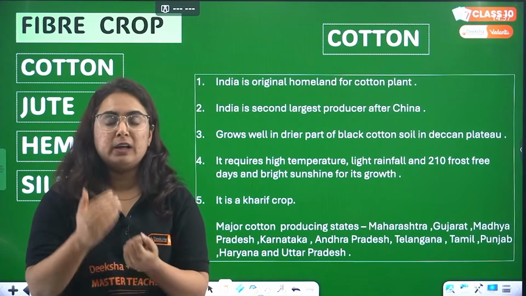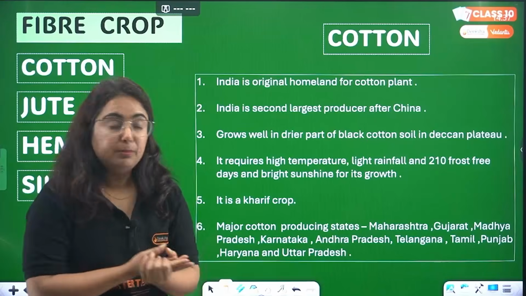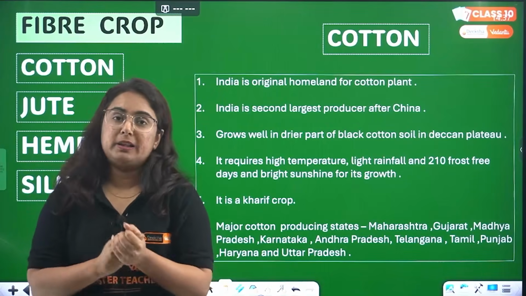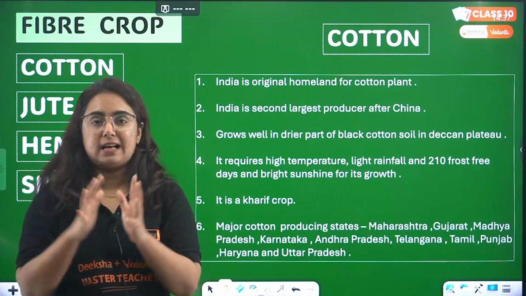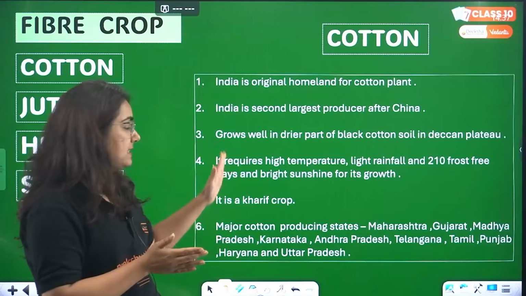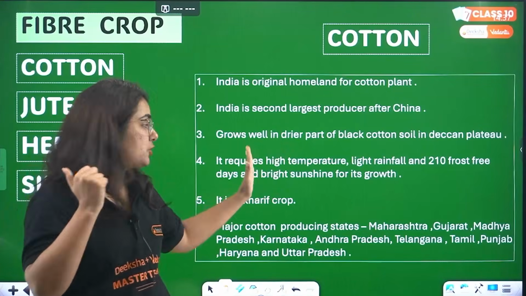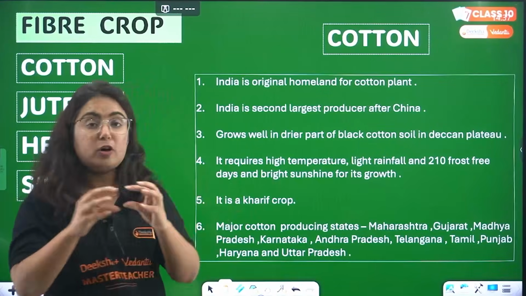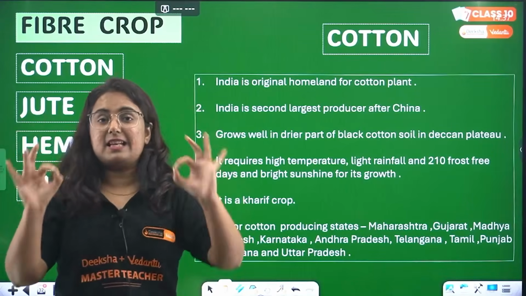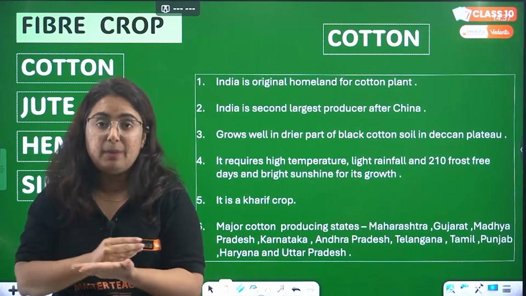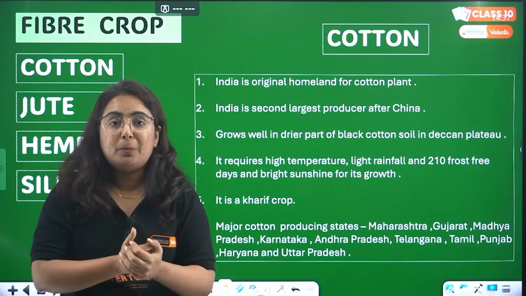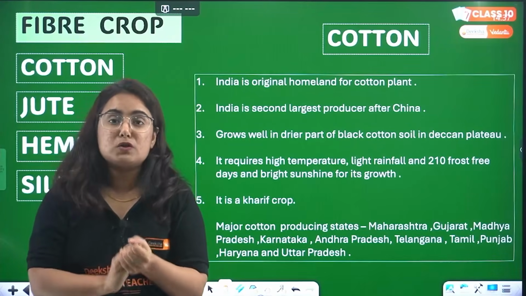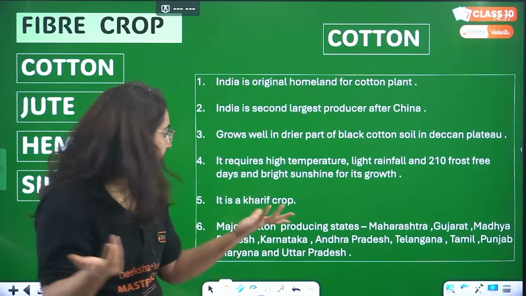We get it, and particularly in the Maharashtra region the hot days are there during this time. Hence it requires high temperature, light rainfall, and 210 frost-free days. This is the keyword here. The question will directly come: which among the following crops requires 210 frost-free days? Cotton is the answer.